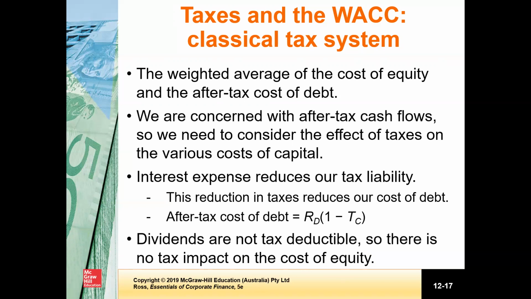If we are determining the discount rate appropriate to those cash flows, then the discount rate also needs to be expressed on an after-tax basis. So let's look at the classical tax system, where most of the finance theory in the area of weighted average cost of capital has been developed. And then we will look at the imputation system that is applicable to countries like Australia and New Zealand.